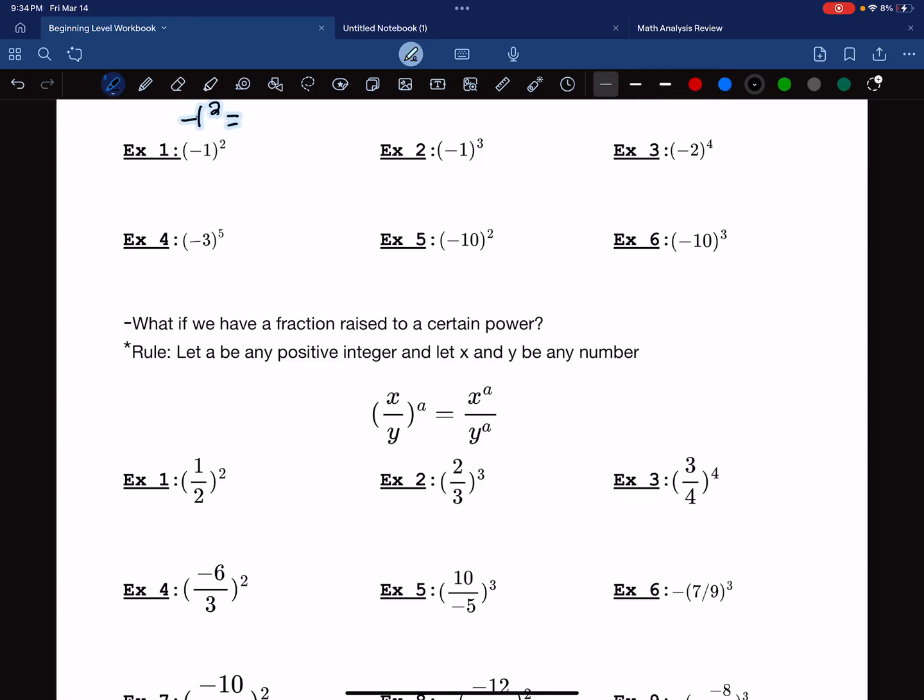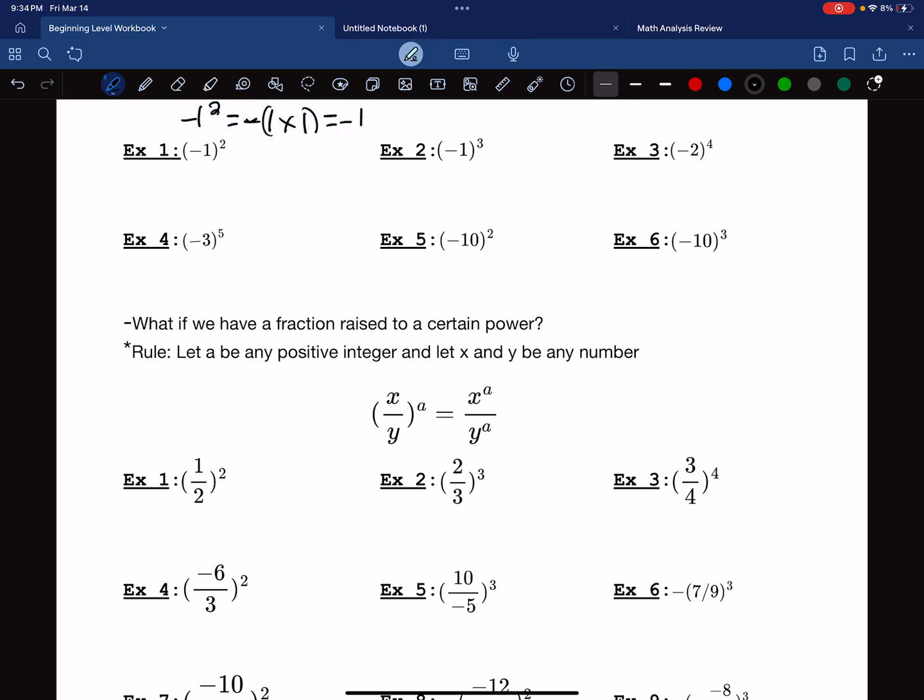Are we squaring this 1 on its own, or are we squaring the negative with the 1? With that notation, we'd be squaring just the 1, doing 1 times 1, which is 1, and then bringing out the negative.